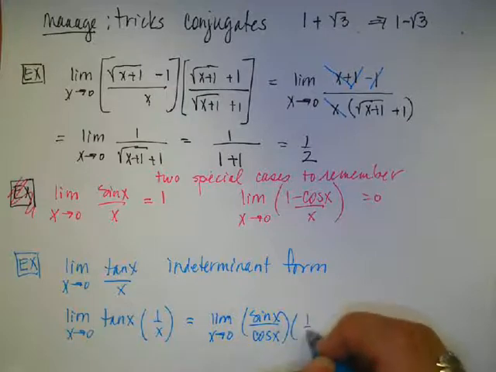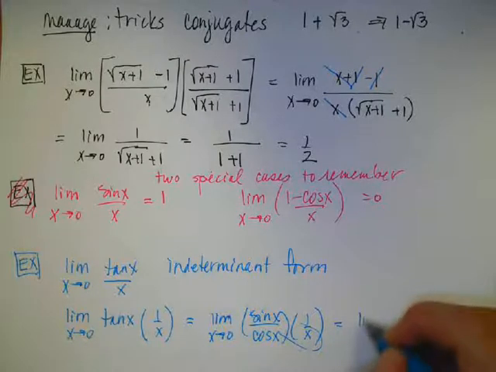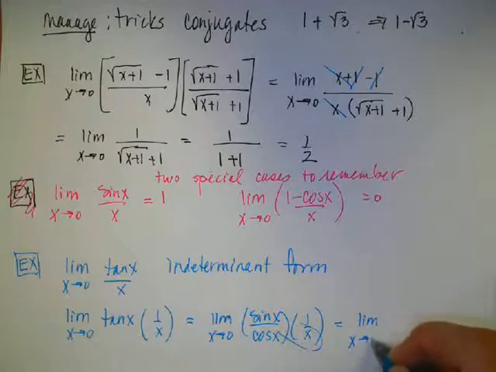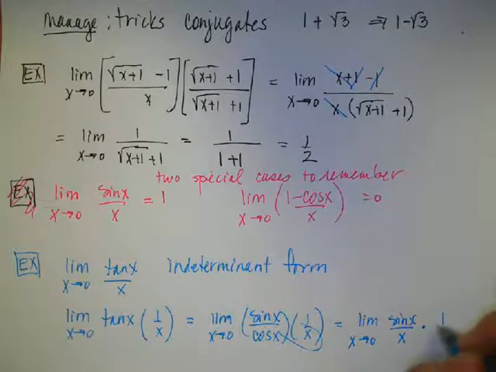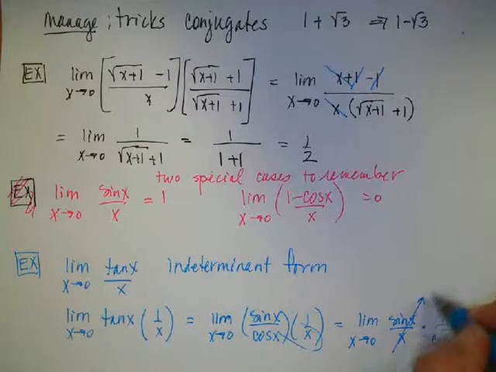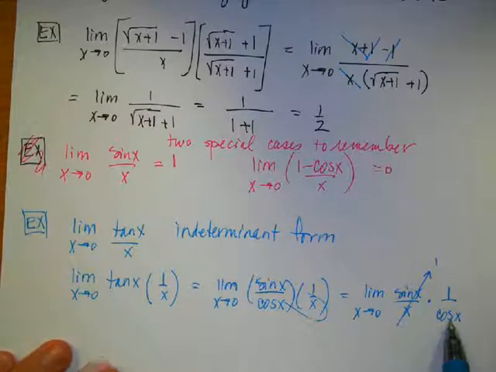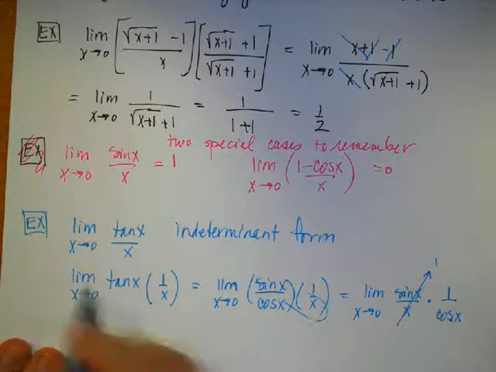So I'm going to rearrange this again, as x approaches 0 of the sine of x over x times 1 over the cosine of x. This goes to 1, which is very nice. The cosine of 0 is 1, so now I'm ready to do my direct substitution. And 1 over 1 is 1. So that was actually fairly polite.